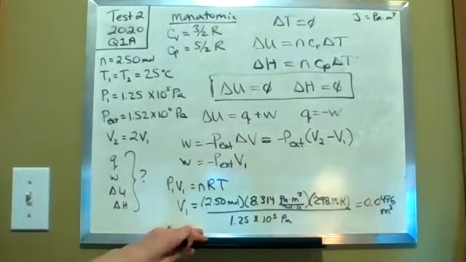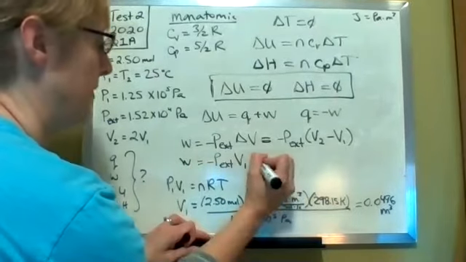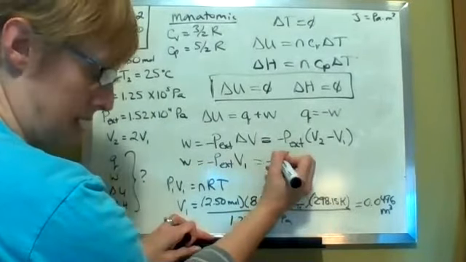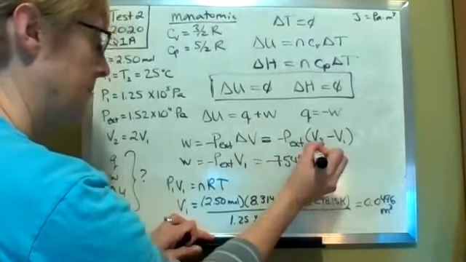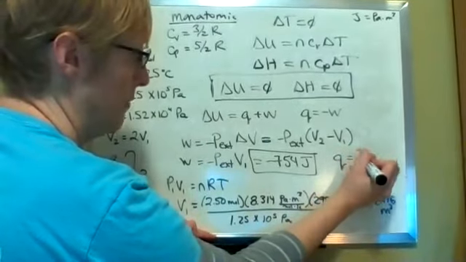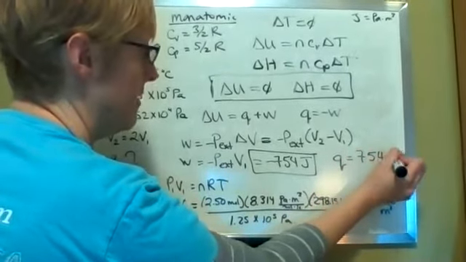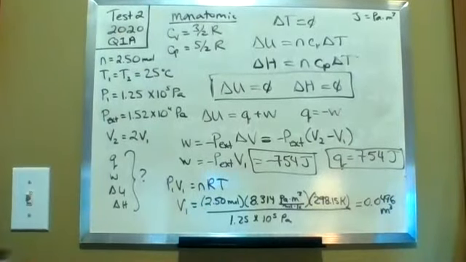Now, if you were to plug that back in to our work equation, you're going to find a value for the work of minus 754 joules, which means that our Q is going to be plus 754 joules. There you go.